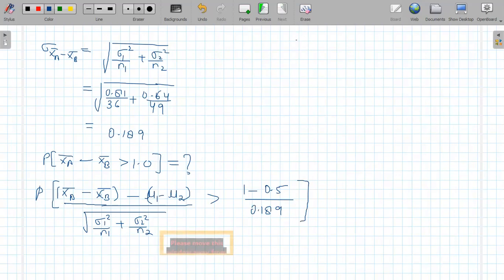So this comes out to be equal to probability Z greater than 0.5 divided by 0.189, which is 2.64.